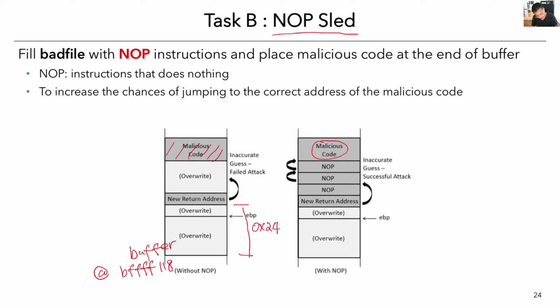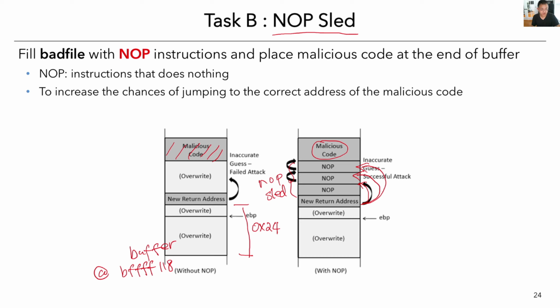So our return address can point to anywhere within this NOP sled. This gives you a little bit of flexibility, so you don't have to know the exact address of the malicious code.